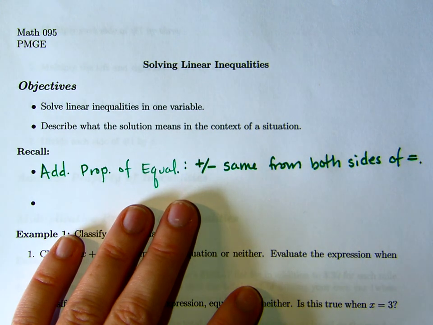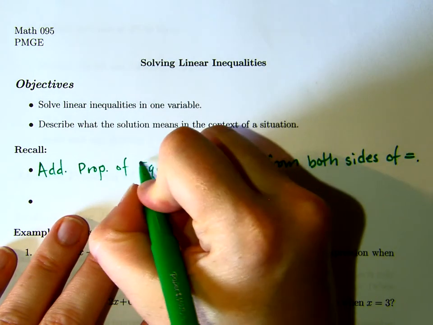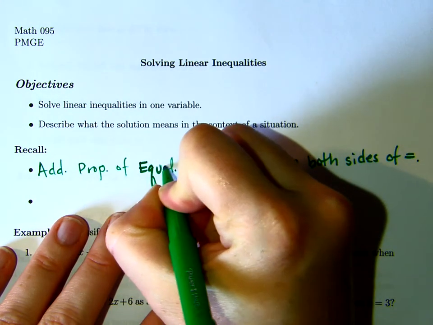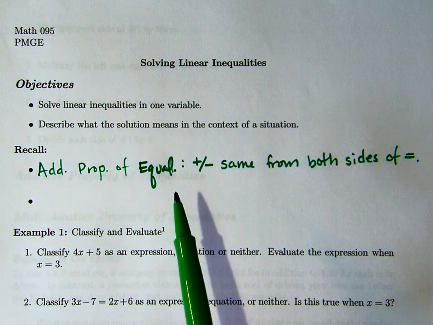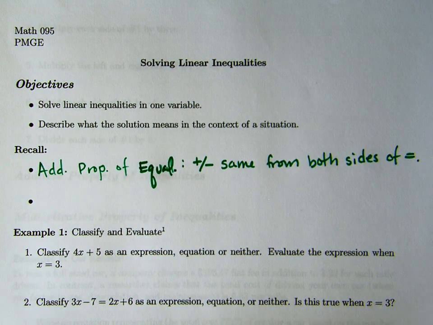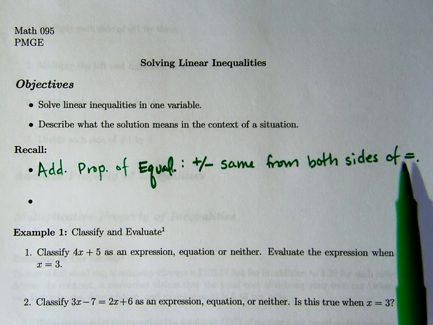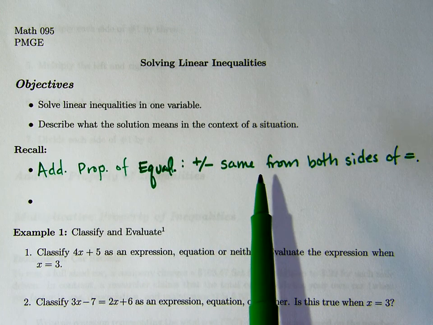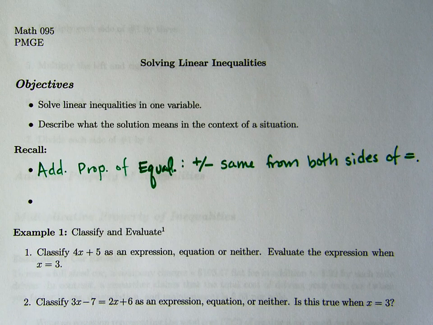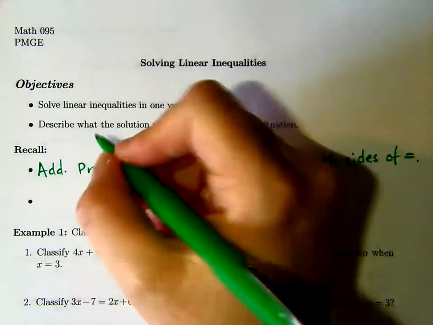And I'm going to paraphrase this. It would be like we started with 7 equals 7, we added 2 to both sides, and now we have 9 equals 9. So it maintained the equals if we add the same amount on both sides, right? Balance it.